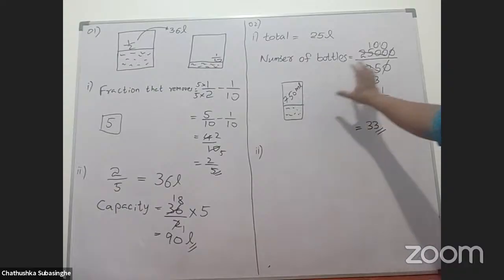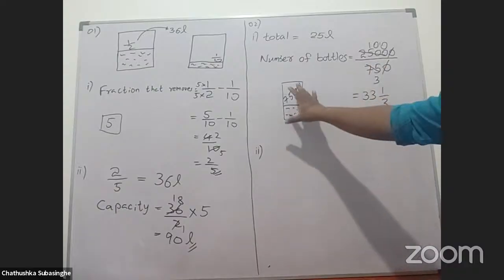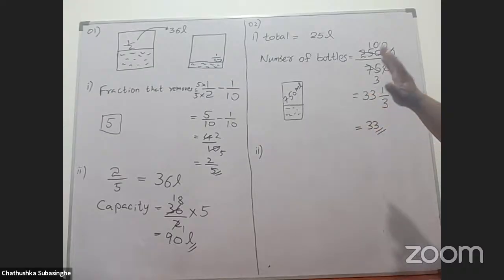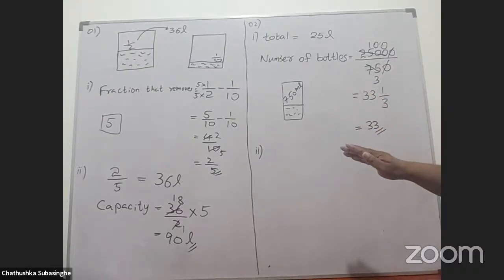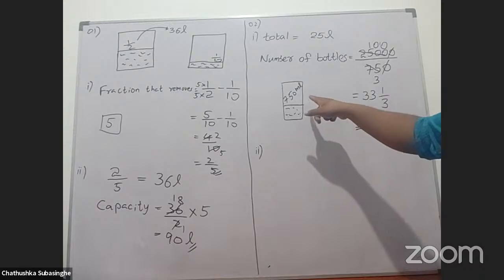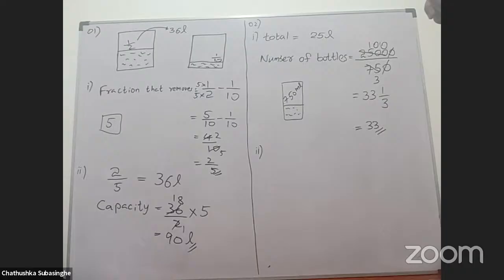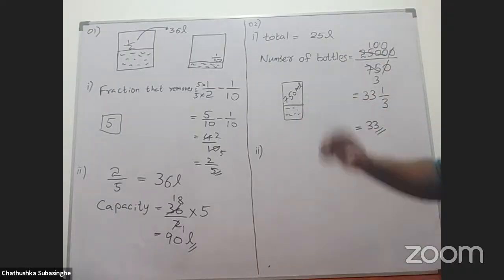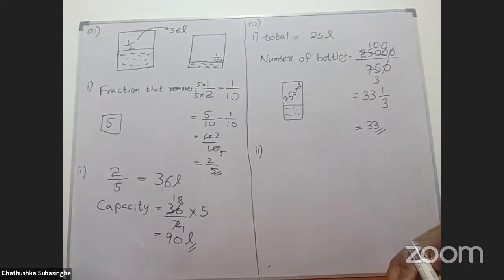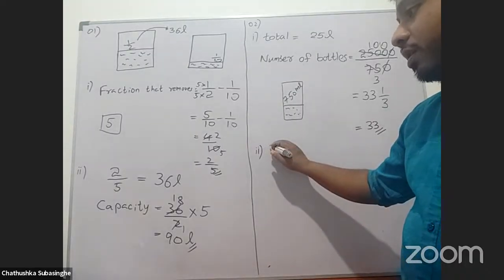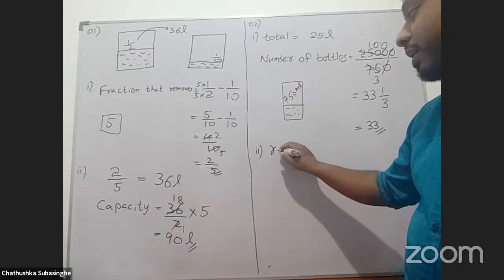Right? In each and every bottle other than this one, which means all the 33 bottles, has been completely filled, right? This is the bottle that hasn't been completely filled. So this is the remaining amount after we pour the oil into bottles.